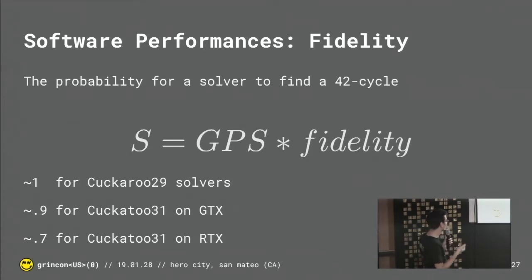So basically, when you are mining Cuckaroo 29, the hash rate that you see is most likely the hash rate that you get, but not for Cuckatoo 31, because you can see that it's almost 30% less on RTX. So let's say with a 2080 Ti, you will get 30% less than you see.